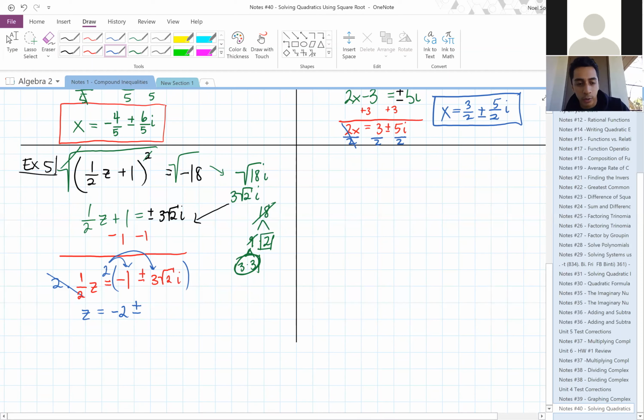You can multiply the coefficients together, 2 times 3, so that's going to give you a 6. 6 root 2i. And so then there we go. Those are our two solutions, the negative 2 plus 6 root 2i and the negative 2 minus 6 root 2i. All right. Any questions on that one?